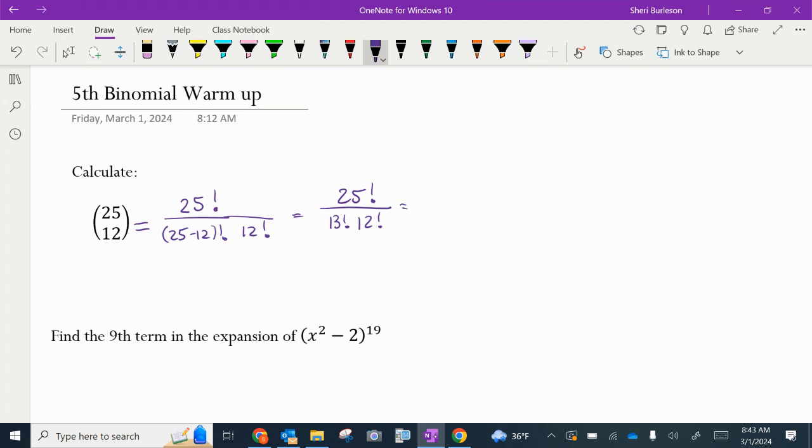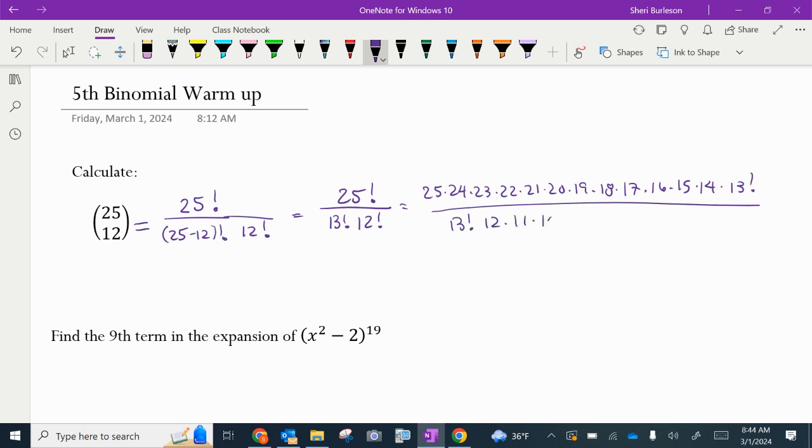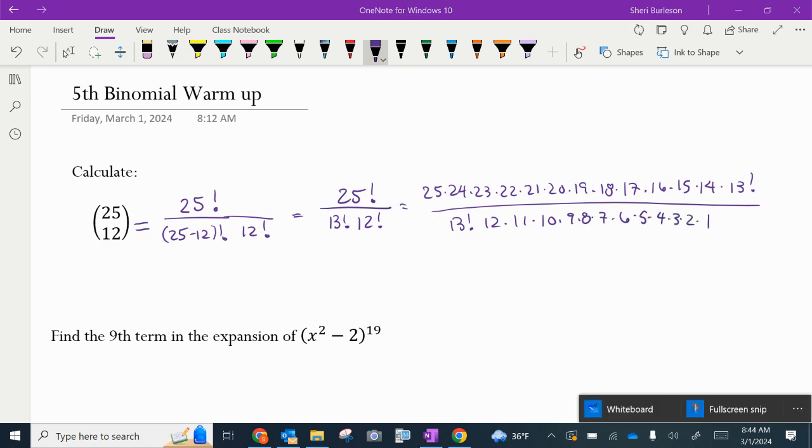I could do the whole thing. 25 times 24 times 23 times 22 times 21 times 20 times 19 times 18 times 17 times 16 times 15 times 14 times 13 factorial, over 13 factorial times 12 times 11 times 10 times 9 times 8 times 7 times 6 times 5 times 4 times 3 times 2 times 1. How many of you are super excited about doing this calculation? Yes, please. May I have another?